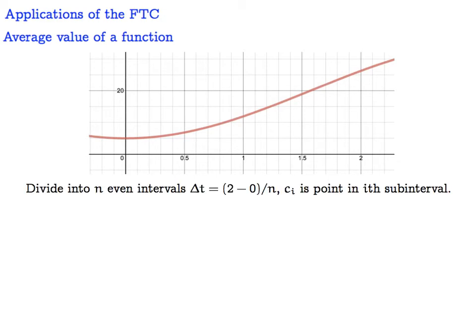So what you could do is divide our region into n intervals. Since it has length 2, we divide by n, so we break it up into n even pieces total, and then at each point you sample the speed. So this will be c1, c2, c3, and we'll do this at n different sample points.